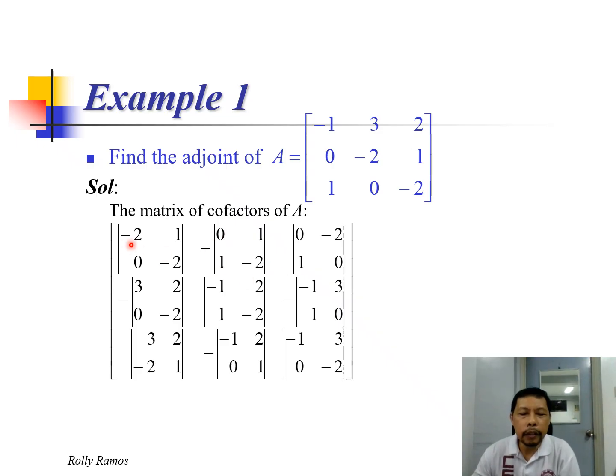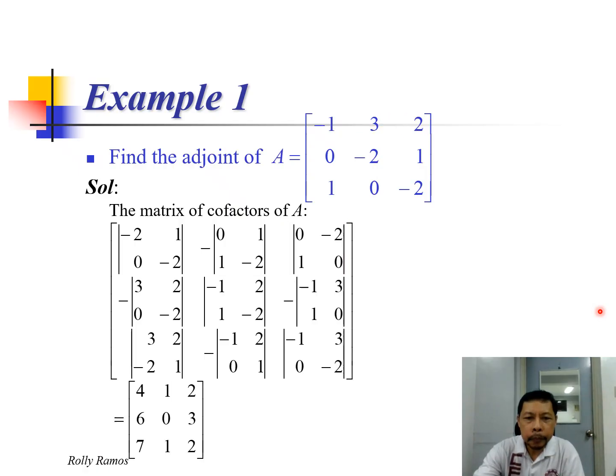And using the alternating pattern, plus, minus, plus, minus, plus, minus, plus, minus, plus, it will give us these values: 4, 1, 2, 6, 0, 3, 7, 1, 2. Okay? This is the matrix of the cofactors of this matrix.